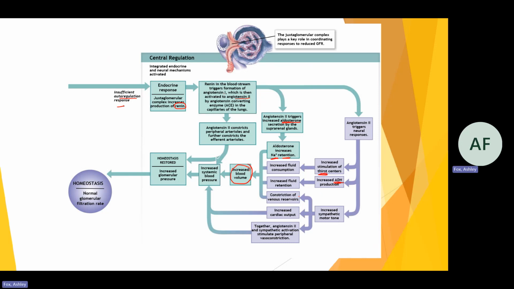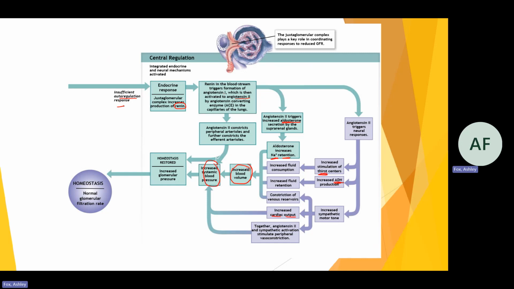You're also going to do other things. So again, if you're noticing a small reduced GFR, you need to increase your blood pressure and your volume, so you'll increase your cardiac output. Your heart is going to change. You're going to constrict your peripheral blood vessels. Anything that you can do to increase systemic blood pressure.